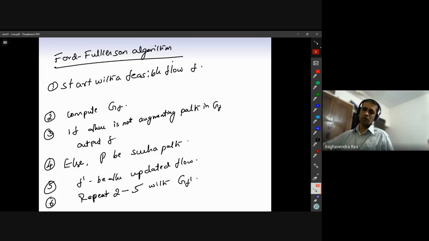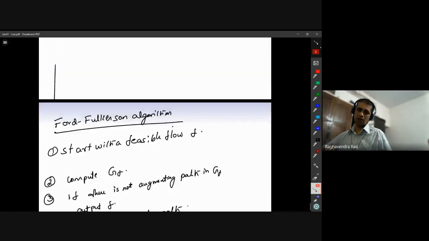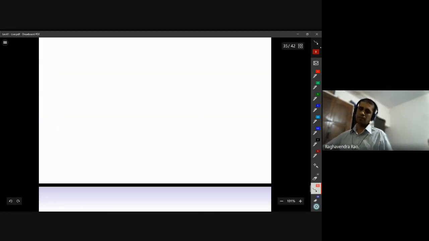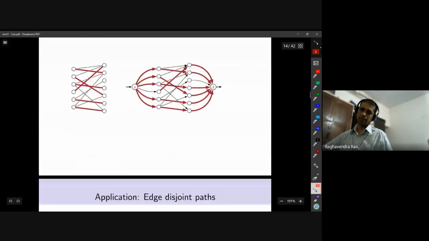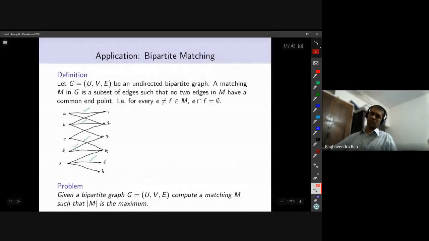So I'll conclude this part with just one example application, which is, I would say, one of the fundamental applications. Okay. So here we'll consider a simple case of bipartite matching. In general, matching theory and network flow theory have very close connections.